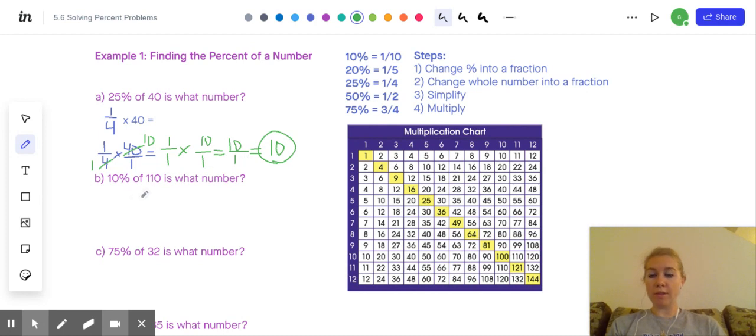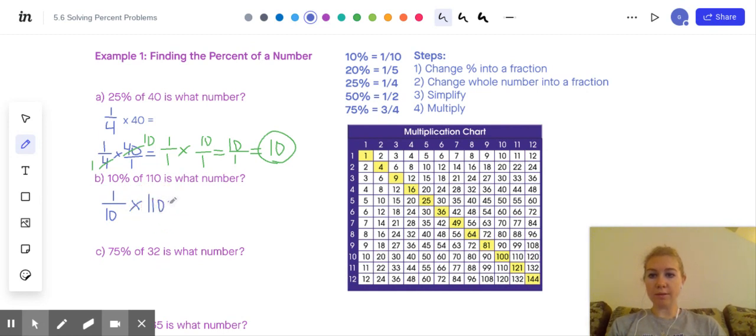Let's go over another one together. Problem B says 10% of 110 is what number? Step 1, change percent into a fraction. 10%, let's look, that's 1/10. Of means times. 110 is our whole number.